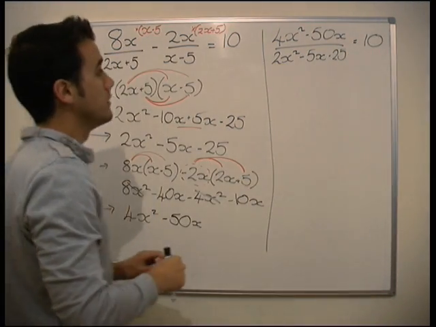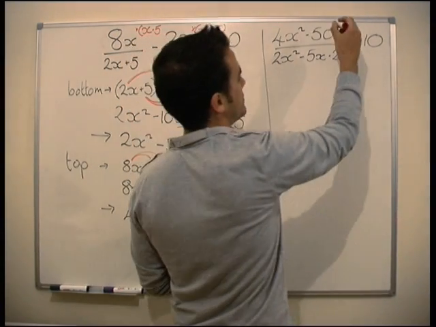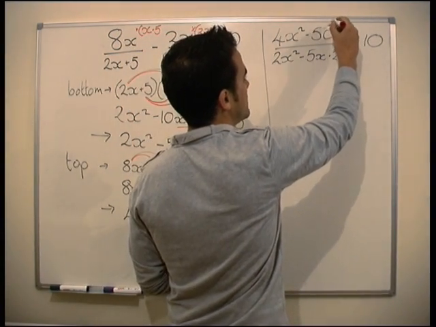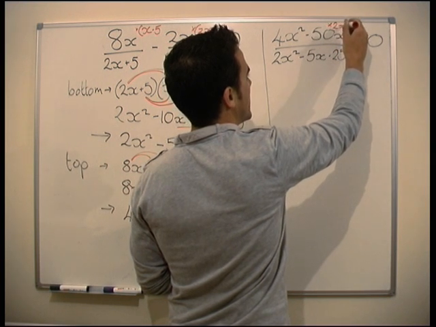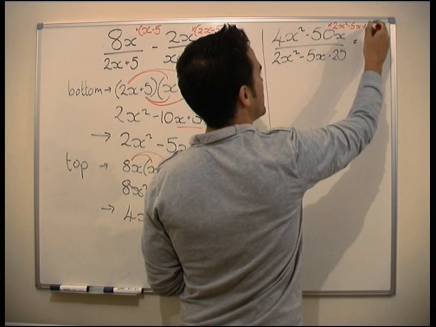Okay, so again we can times both sides by the bottom, so we can times both sides by 2x squared minus 5x minus 25.